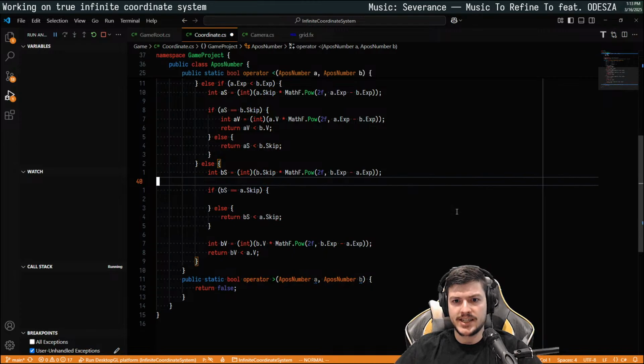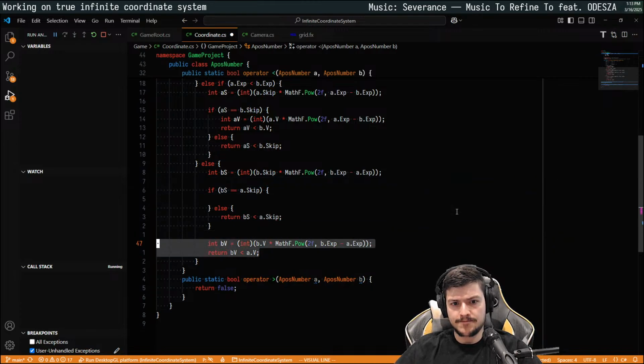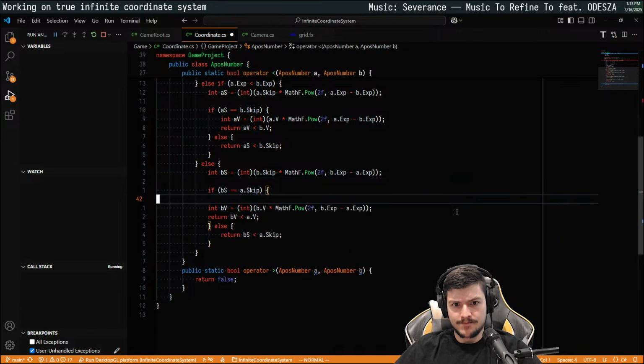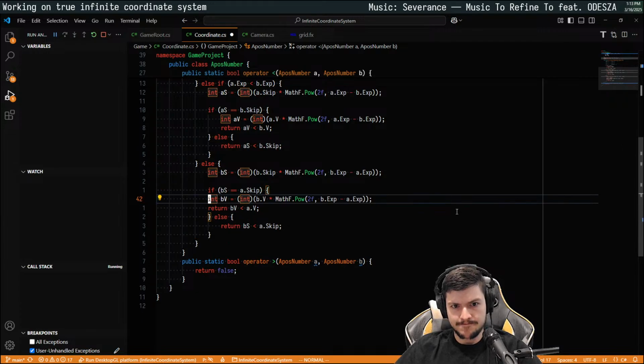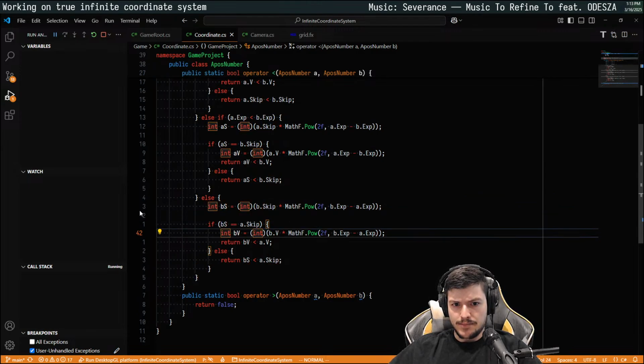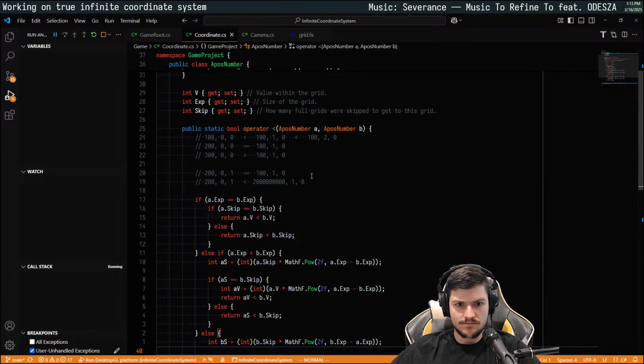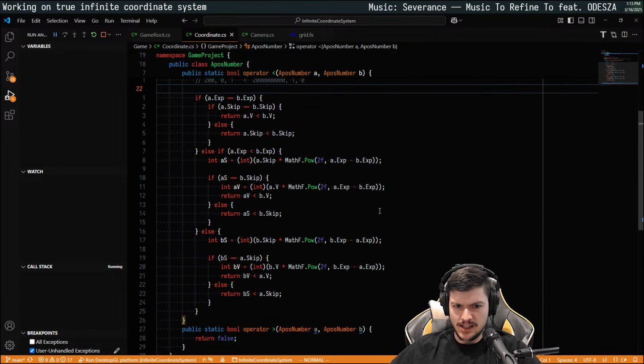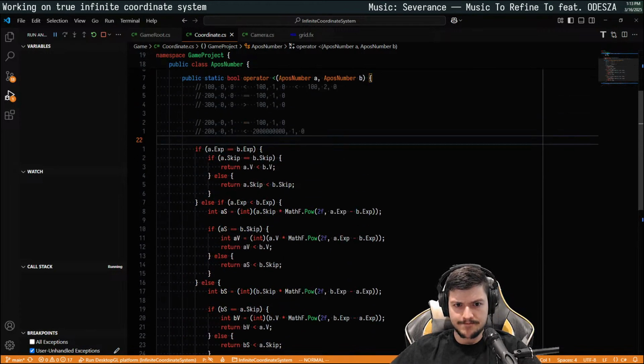Otherwise, you gotta project the number into the other dimension. Yeah, so if the skip are the same, then you can compare. Is this all? Does it work?